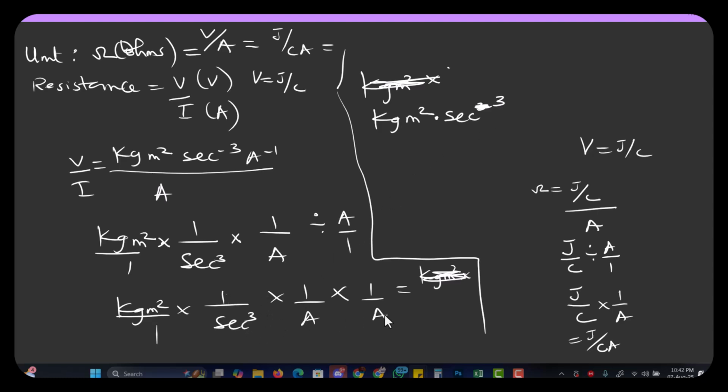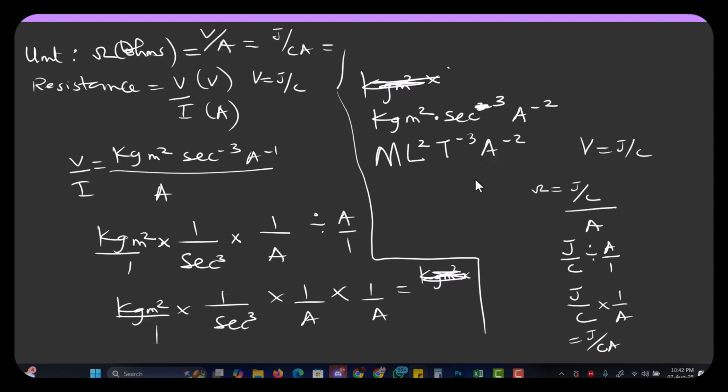Then this ampere times ampere will give you ampere squared, so it's going to be per ampere squared. If I take it up, it's going to be minus 2. So the dimension is going to be M L squared T minus 3 A minus 2.